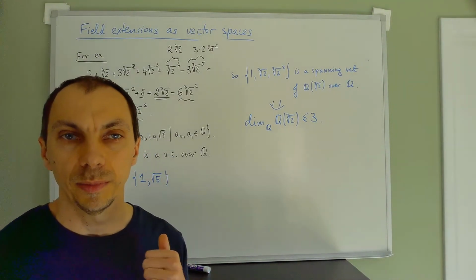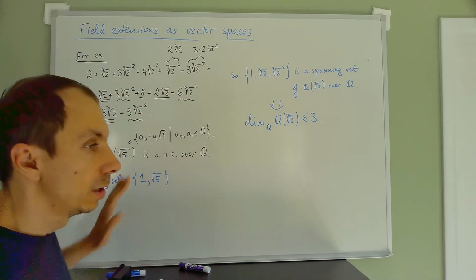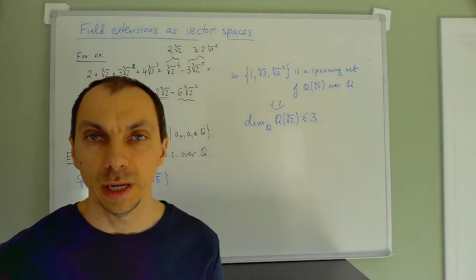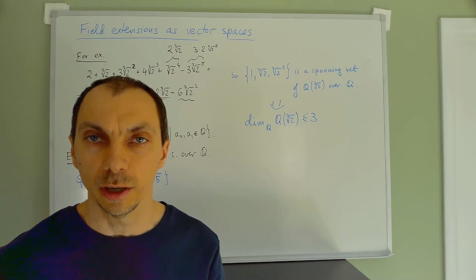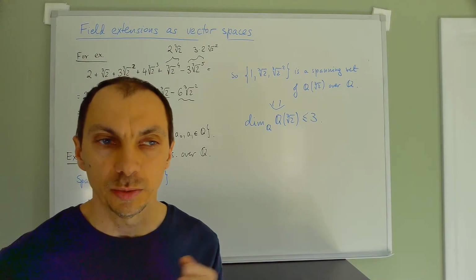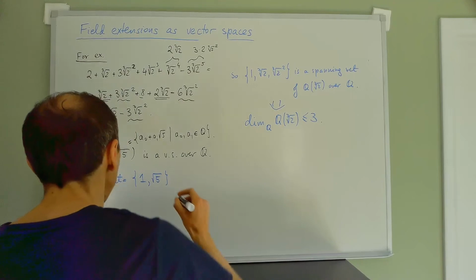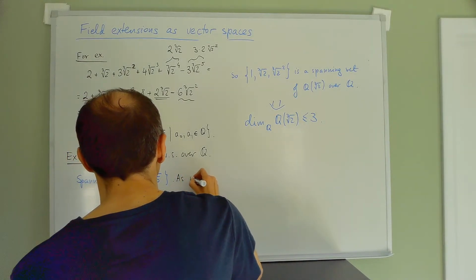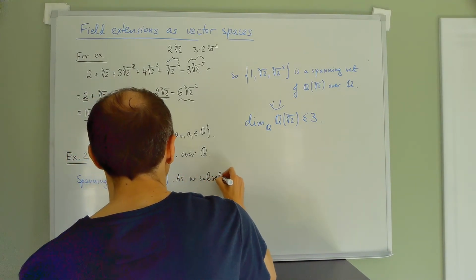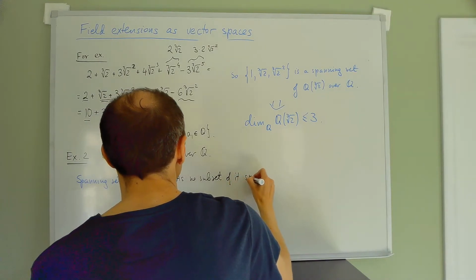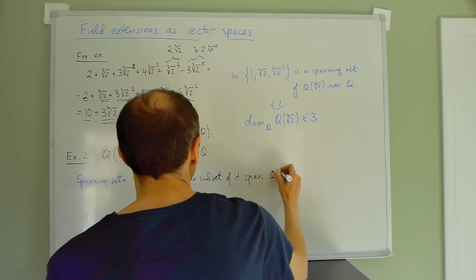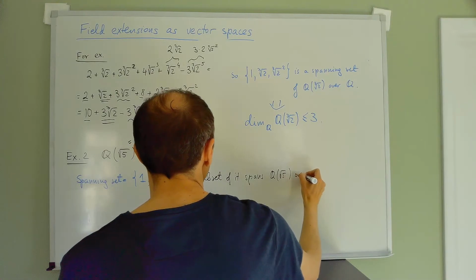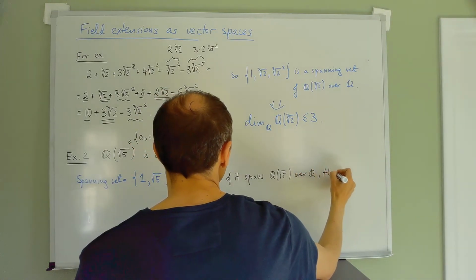So no subset of it spans Q adjoin radical 5 over Q, so this must be a basis.